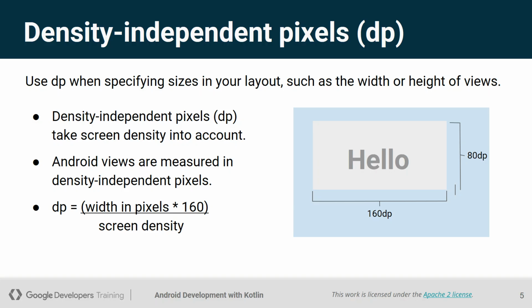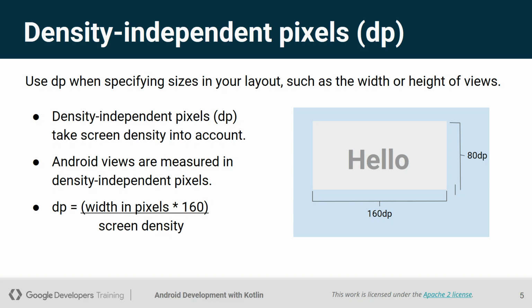So how do you compute the DP that you always define there? DP is given by the width of the pixels multiplied by 160, because you are rotating that into 160, then divide by the screen density.